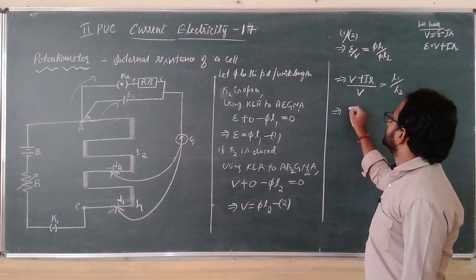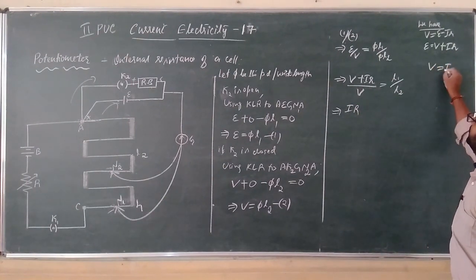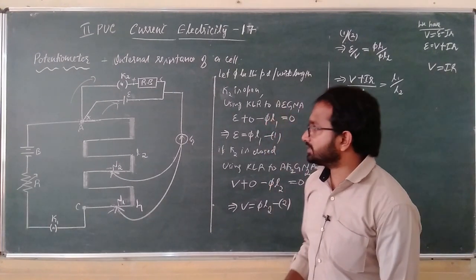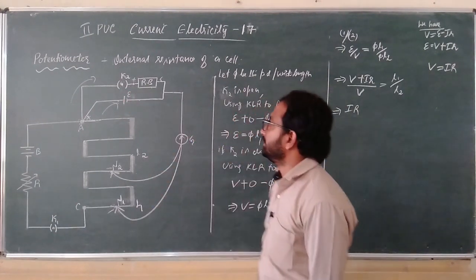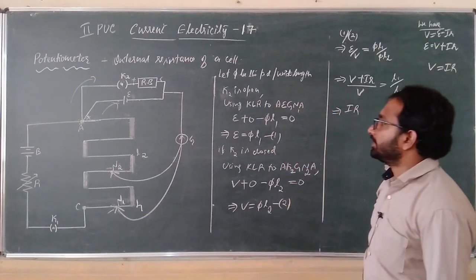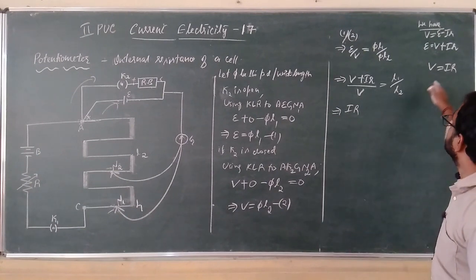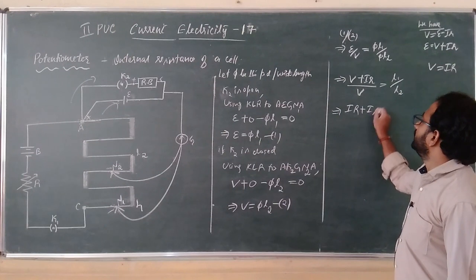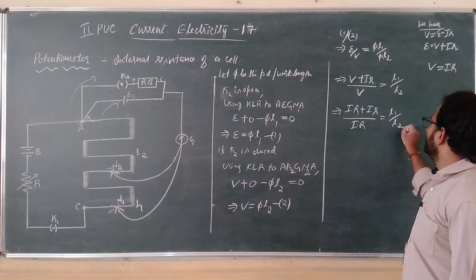So what is V? The terminal potential difference V is the voltage across the resistance box. V is equal to I into R, the current flowing through the resistance box is I, so the potential difference is I into R. Therefore IR plus Ir divided by IR is equal to L1 by L2.